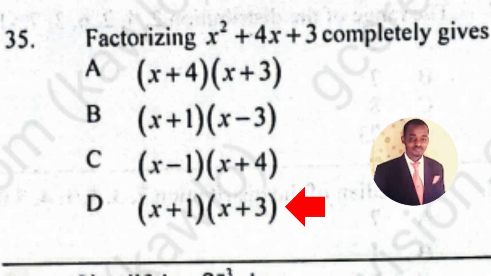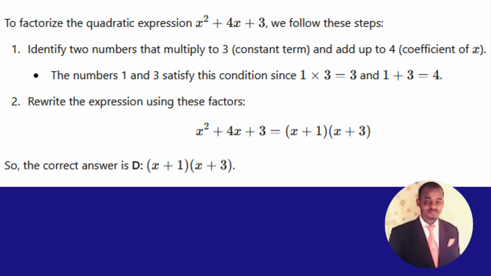Factorizing x squared plus 4x plus 3 completely gives, the correct answer is D, which is x plus 1 bracket x plus 3. Now, how do we come about it? To factorize the quadratic expression x squared plus 4x plus 3, we follow these steps.